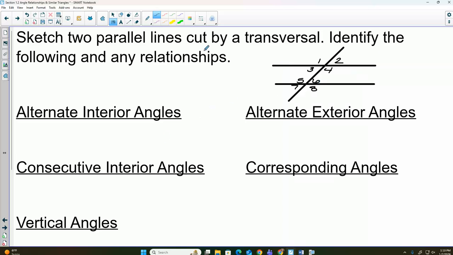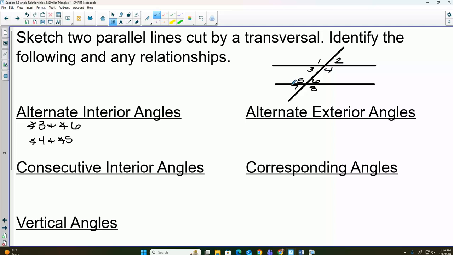We can go through some of the names. Alternate, what does alternate mean? Opposite sides. Interior, so that means they are inside the parallel lines on opposite sides. So that would be angle 3 and angle what? 6. The other set would be angle 4 and 5.